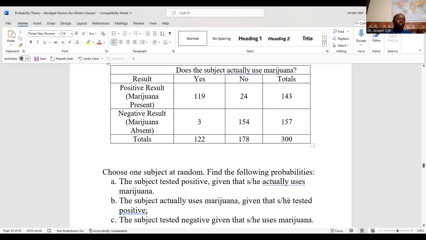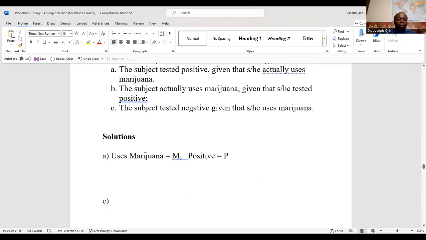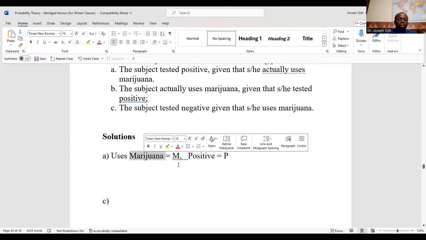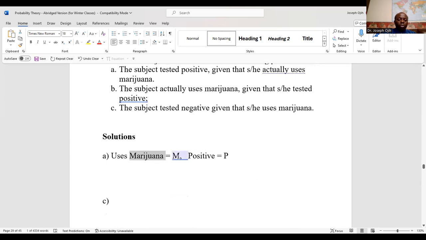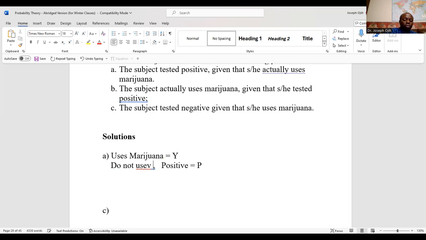So let's start from A. We're going to use yes for uses marijuana, and no for the subject who does not use marijuana.